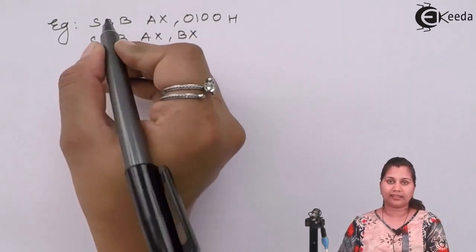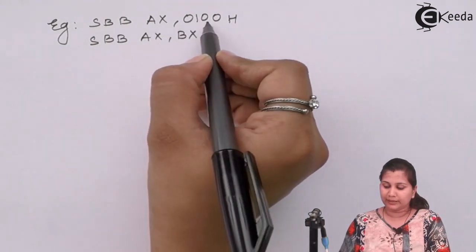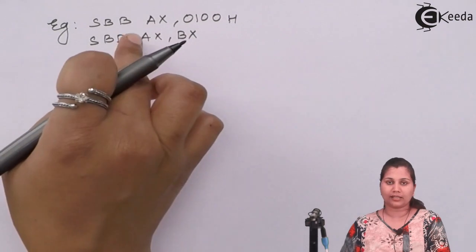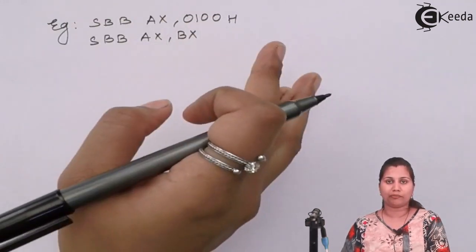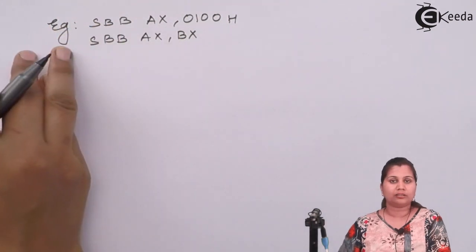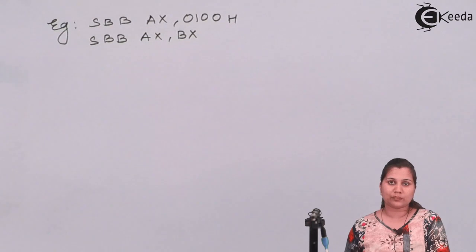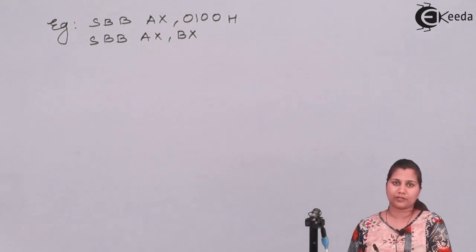We are writing here the SBB instead of SUB, and we are subtracting this content plus the borrow flag from this accumulator register. Also here the BX register and borrow flag from the AX register. Here also all the flags will be modified and the result of this operation will be stored in the destination.